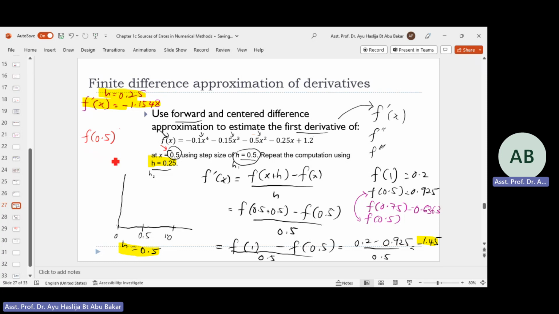So this is the true value, which is 0.925.